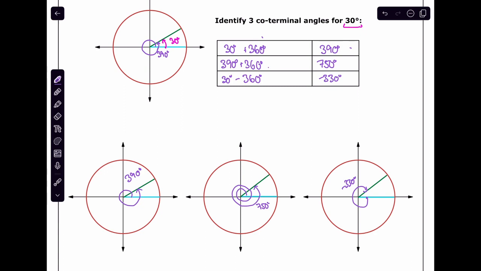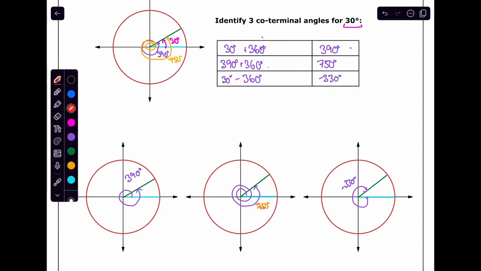So if I was going to draw these all on the same graph, I'll do 750 in orange, once and twice for 750 degrees.